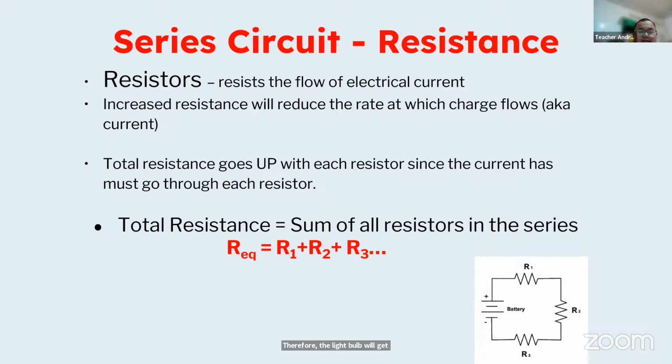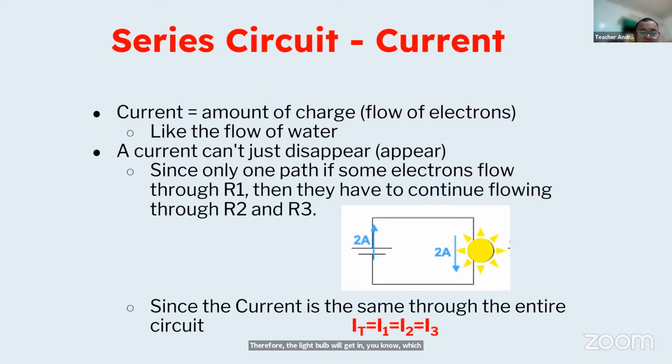All right. Next up, current. In a series circuit, current is like a flow of water, like water going out of a battery and back to the battery itself. So it's like one current, like a flow of water flowing from this side all the way to the other side to complete. And this current cannot disappear.